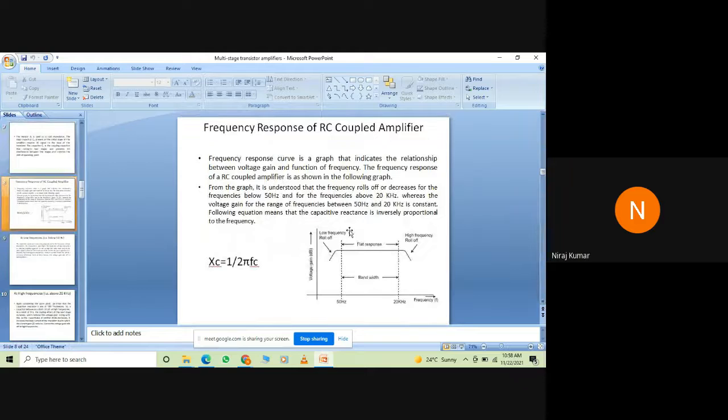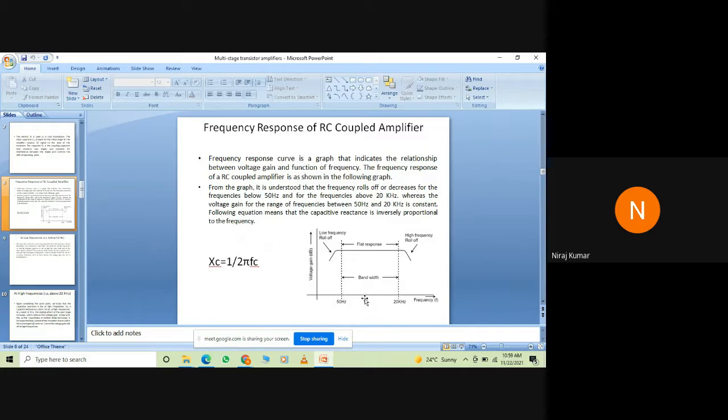This is the frequency curve of the RC coupled amplifier, dependent on XC equals 1 upon 2 pi FC. This graph indicates the relationship between voltage gain and frequency. The frequency response of the RC coupled amplifier shows the following. From the graph, it is understood that the gain rolls off or decreases for frequencies below 50 Hz, and the other limit is 20 kilohertz.